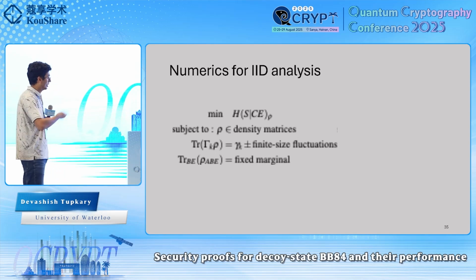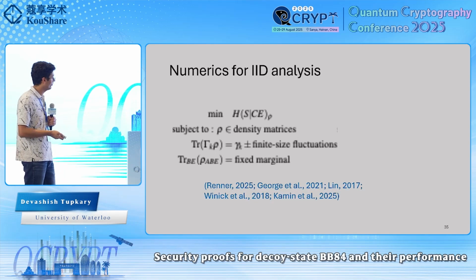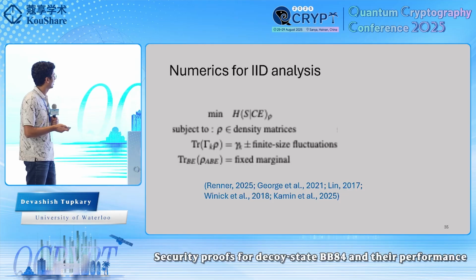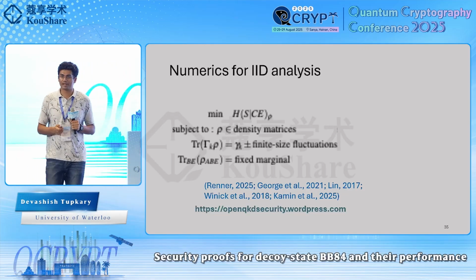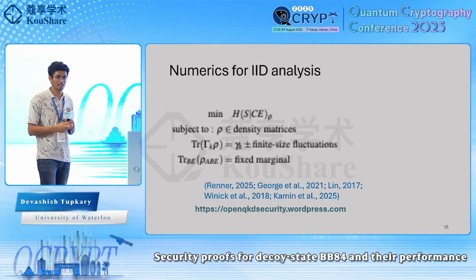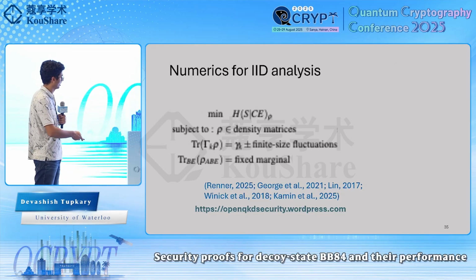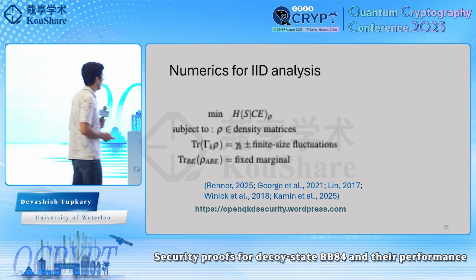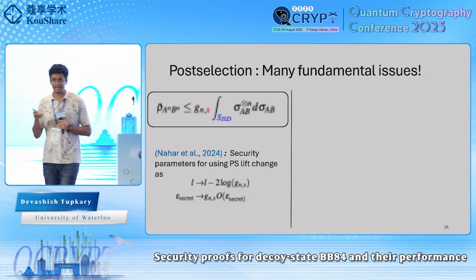Okay? And the good news is this problem is convex. It can be solved. It has been solved by a variety of methods. And there exists a nice, in my opinion, numerical package from our group that actually does this job. Right? And I think all of the papers from our group actually have code that can be found on this website.